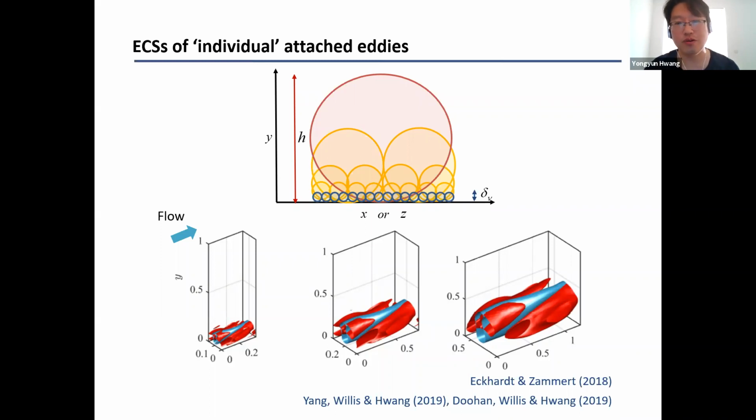We spent quite a long time to find one, and I was fortunate enough to work with Oliver Young and Ashley Willis, and with them we managed to find one solution in turbulent channel flow, given in this form. You see that these solutions are all attached to the wall, and the picture is consistent with the attached eddy hypothesis.